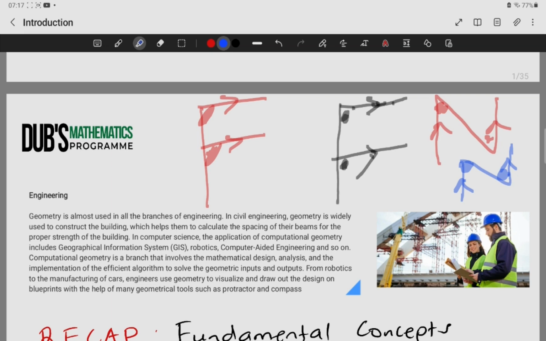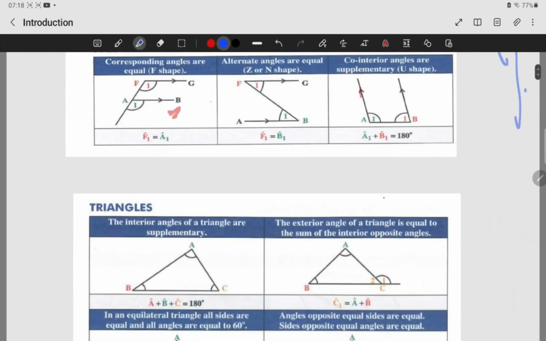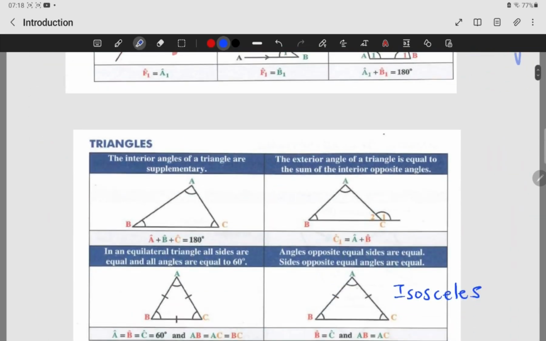You need to prove that angles that form an F are equal, or angles that form a Z are equal, or angles that form a U add up to 180 degrees. But you'll see as we do more questions. That's how converses work, just reversing. And we use converses a lot in Euclidean geometry.